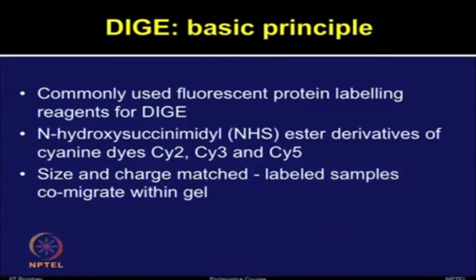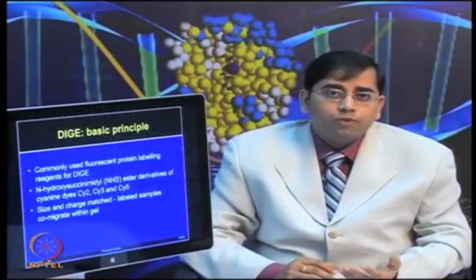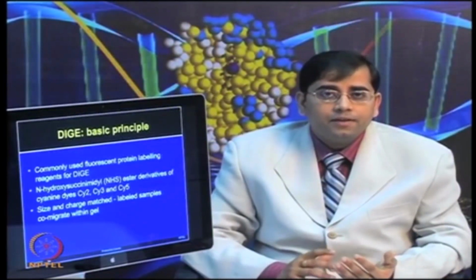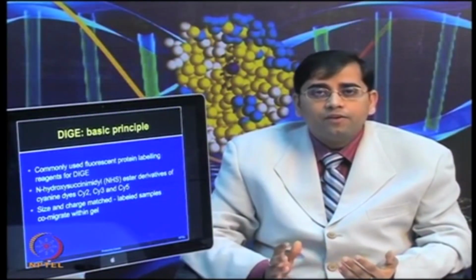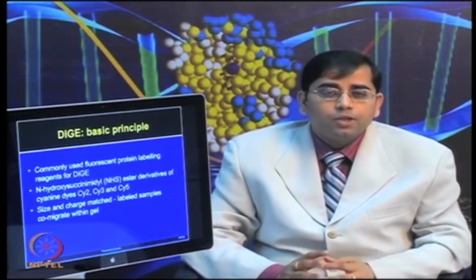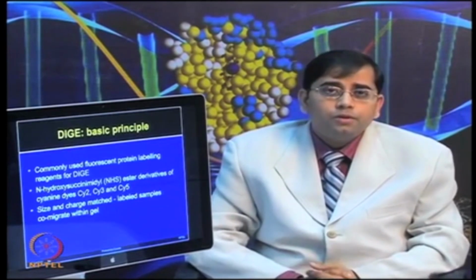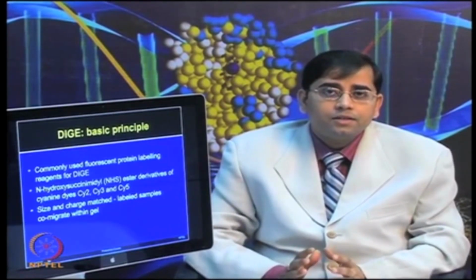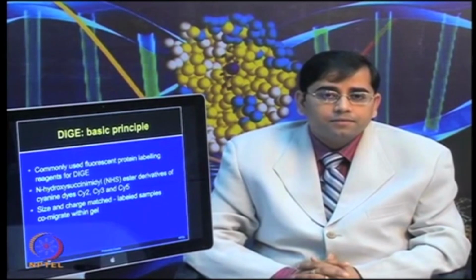One should always try to do the dye swapping, so that there is no dye bias. So, if in one sample you are adding the Cy3 in control and Cy5 in treatment, in the other sample you should do the vice versa. The Cy2 remains consistent for the internal standard.